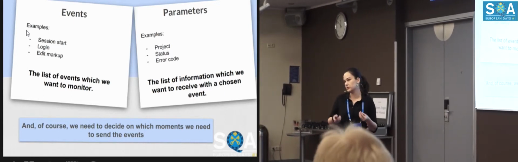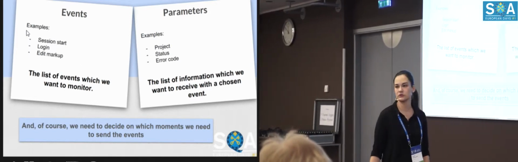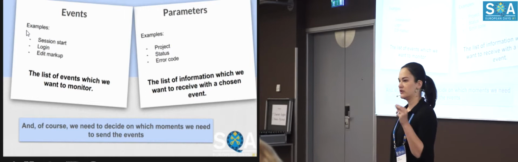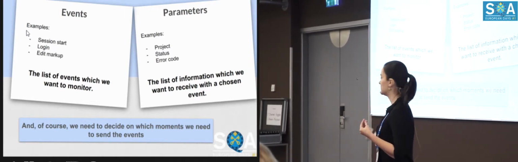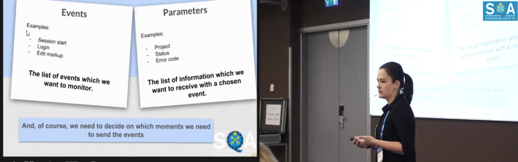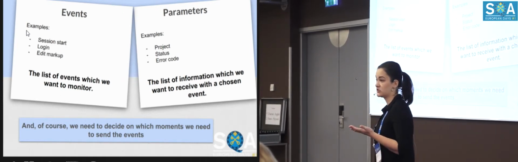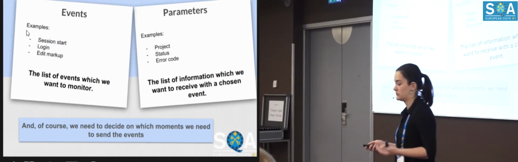We just need to know what is important for every event. And also we need to understand which real action will trigger this event. For example, session start: it might mean that the user logs in, which is relevant for us, or it might mean that the user just opens the application from the background, and we want to know how often the user does it.